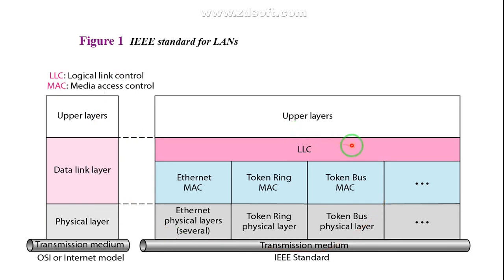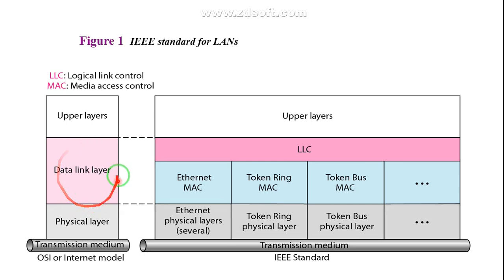The IEEE has divided the data link layer into two sublayers: first, LLC, logical link control, and second, the MAC sublayer, that is media access control. Now guys, as we know, the data link layer handles framing, flow control and error control.